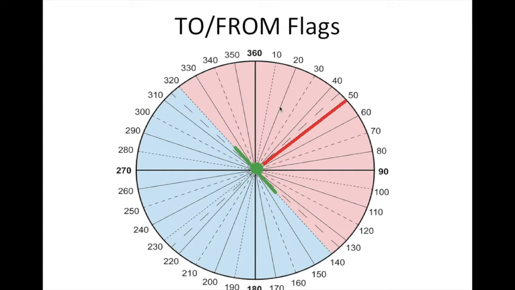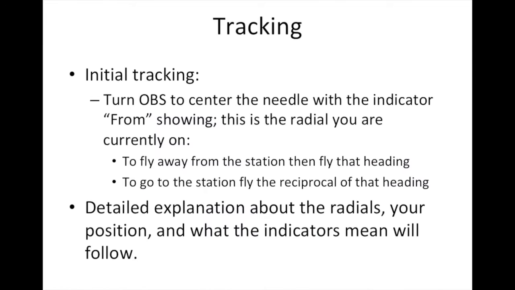Or simply keep turning the OBS until you get the needle centered at 200 and it shows a to indicator, which means to the VOR station is the 200 heading, or to be more accurate, the magnetic bearing that you need to follow. The heading of the plane might be slightly different according to the compensation for the wind, and we'll get to that later also.